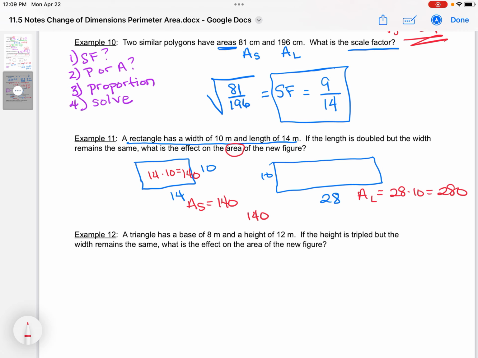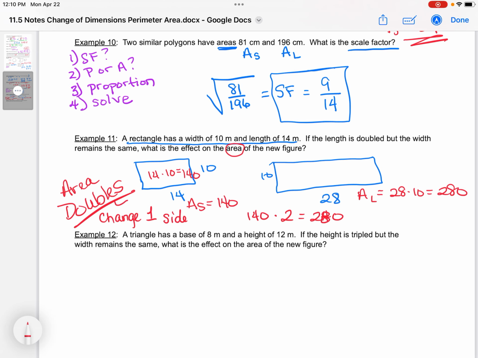Well, I know it's not squared. It looks to me like it's times 2. 280. So what happens is the area doubles. So if you change one side, it doubles.